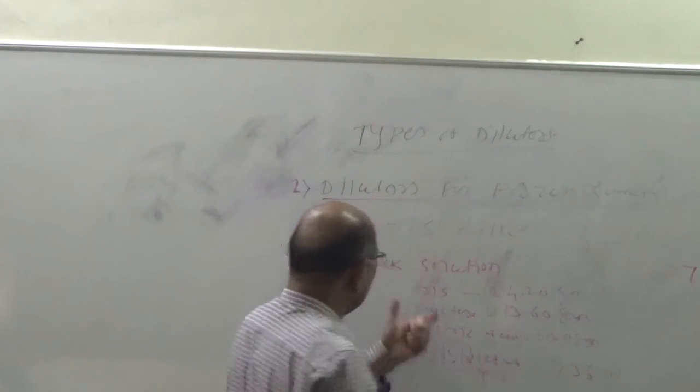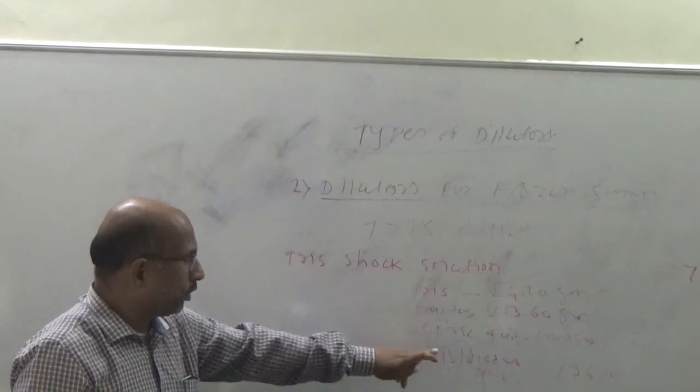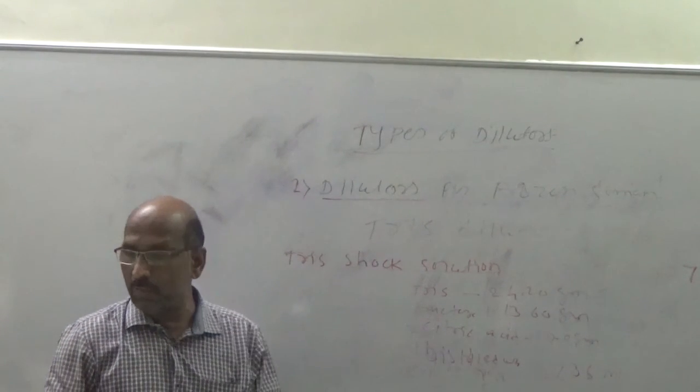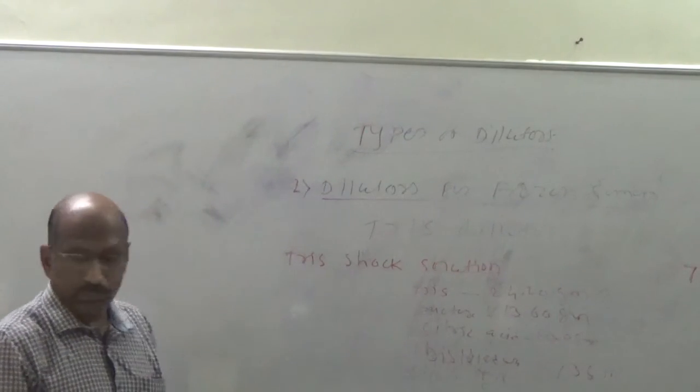So this solution is made by mixing tris, fructose, citric acid, and distilled water, and about 74 ml should be taken.